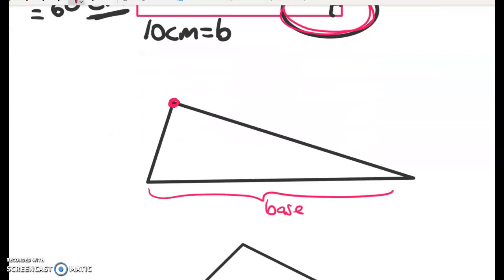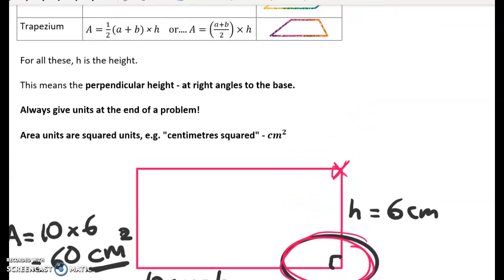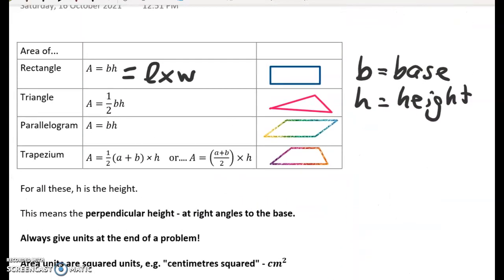So the height is going to be a line that goes from the top down to the bottom, but it has to be the line that gives us a right angle with the shape. So it's this line here that forms a right angle. That's the height. Not this side and not this side and not some weird thing in the middle. Okay, so the height has got to give us a right angle with the base. And I've put that in here with the table.